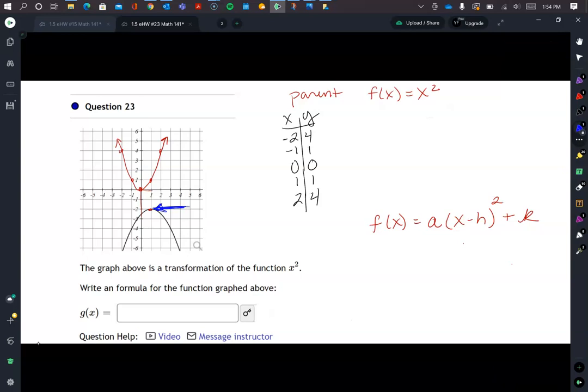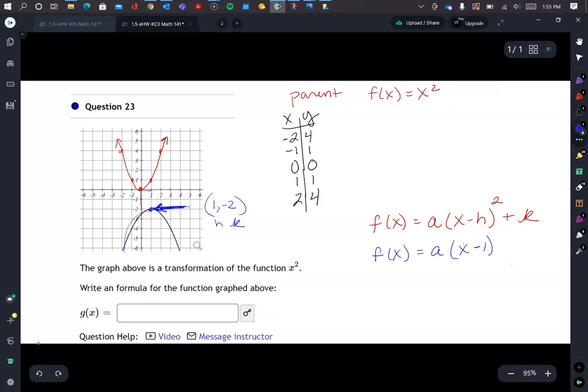The vertex on the transformed curve here is 1, -2, and that is my h and my k. So I can fill those in. F of x equals a times x minus 1 squared plus k, which is -2.